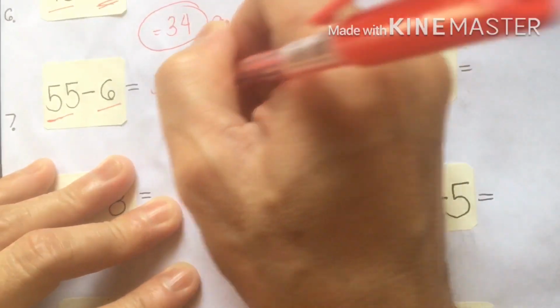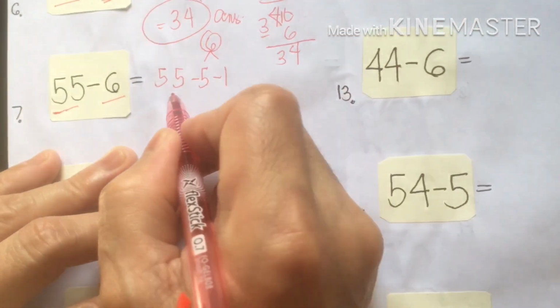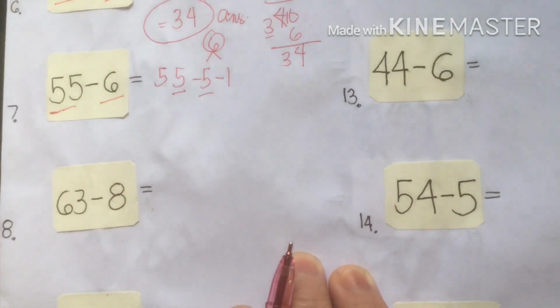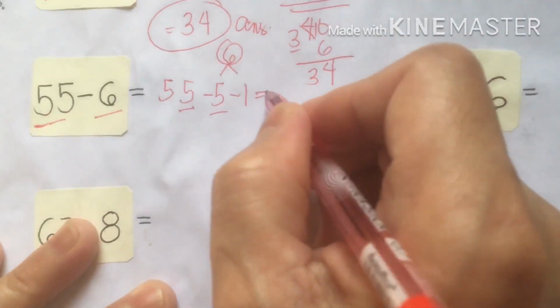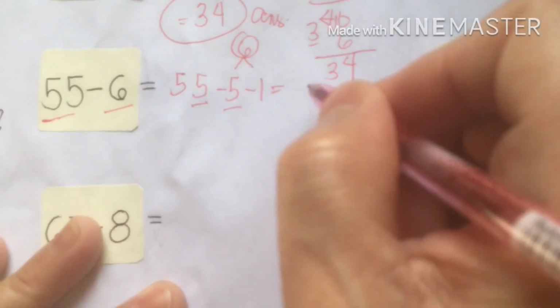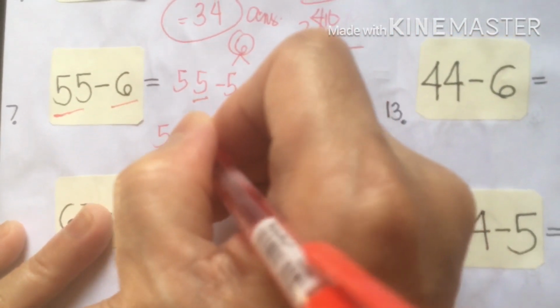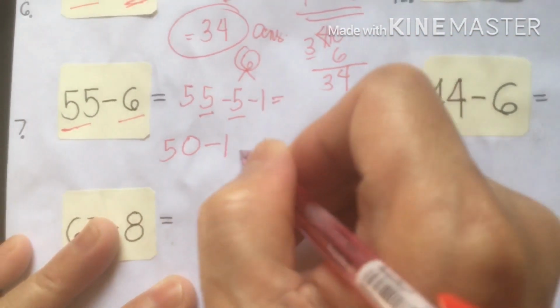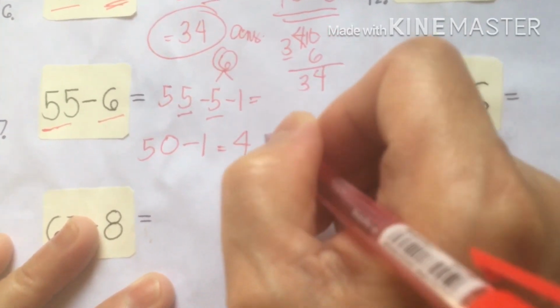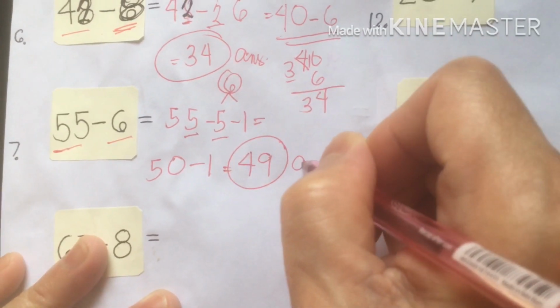So we have here 5, then 1. It should be the first digit, guys, it should be the same to avoid confusion. So 5 minus 5, that's 0. So I'm going to write here 50 minus 1. That's actually 49, our answer.